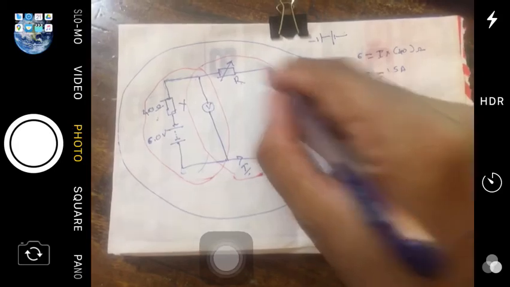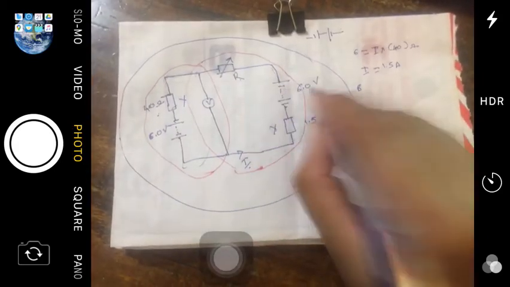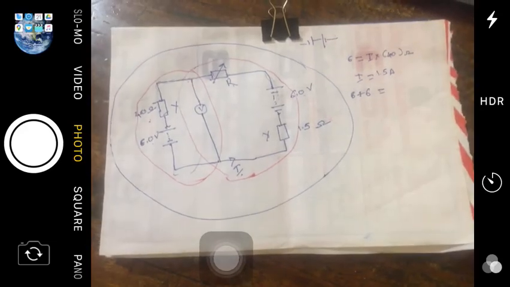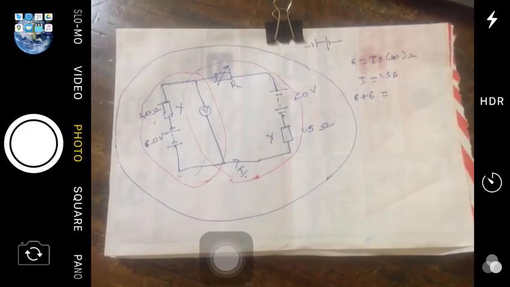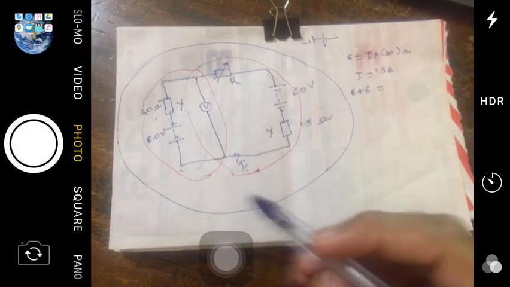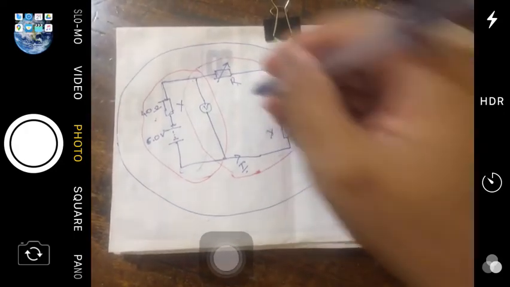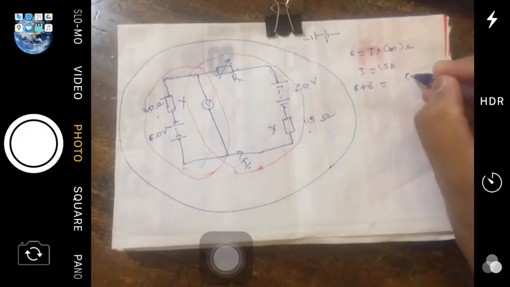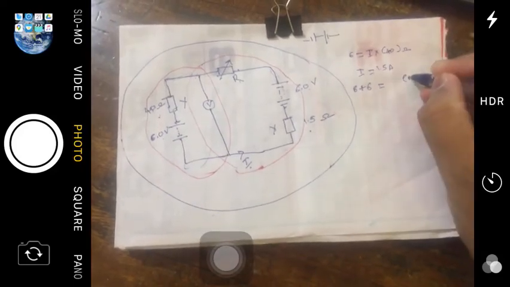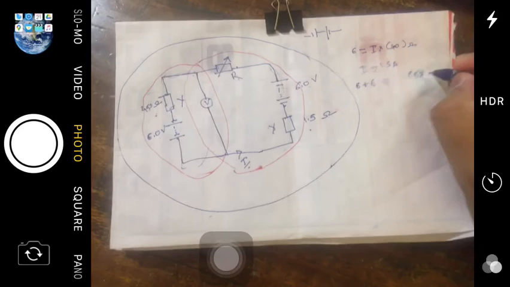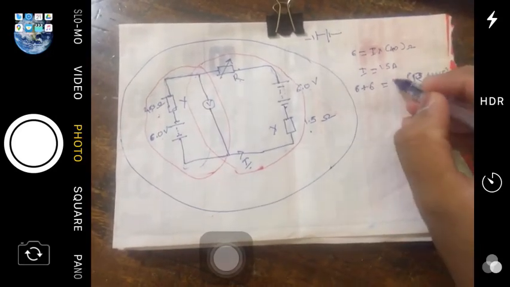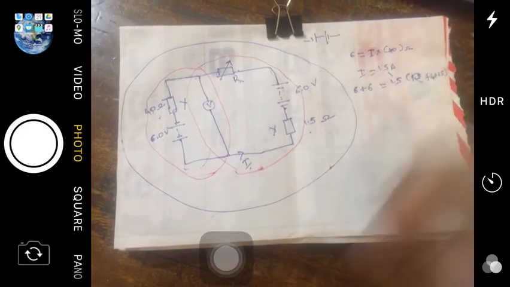So here the total EMF would be this 6 plus this 6, and the total potential drop would be the potential drop across 1.5 ohm, R ohms, and 4 ohms. So basically the total resistance is R plus 4 plus 1.5, times the I value, which is 1.5 amps.